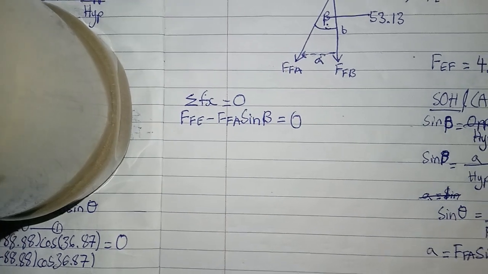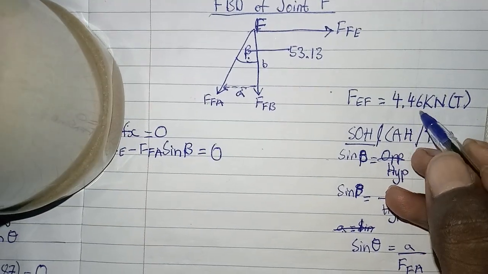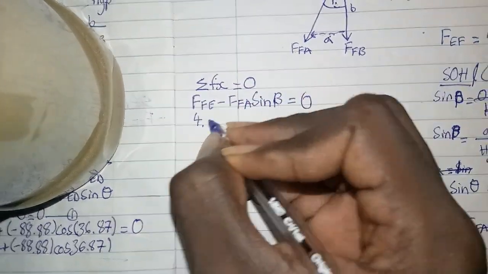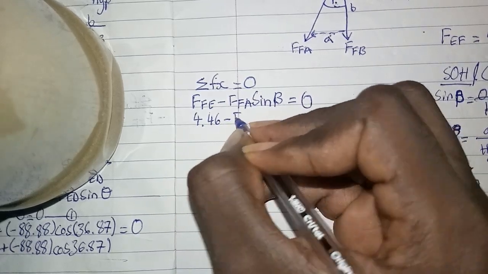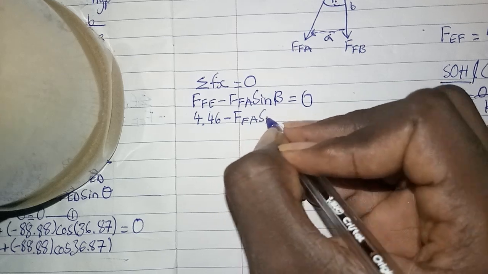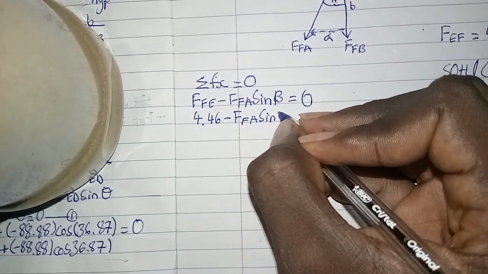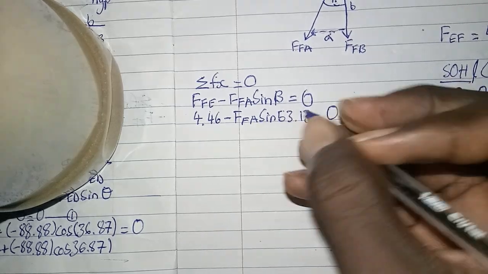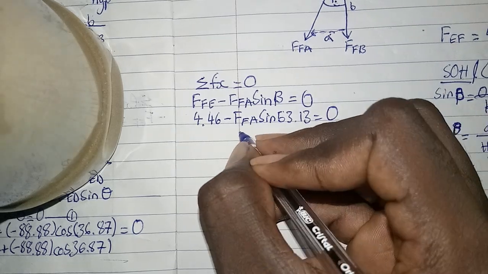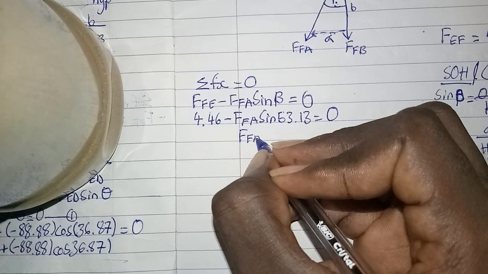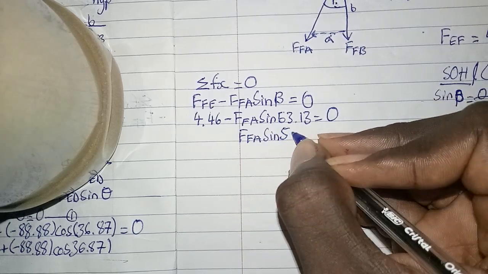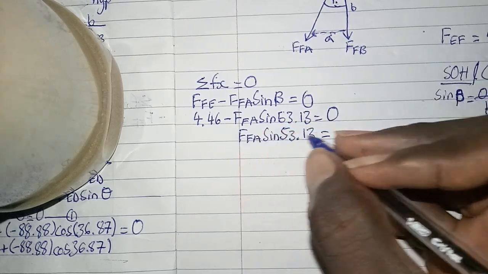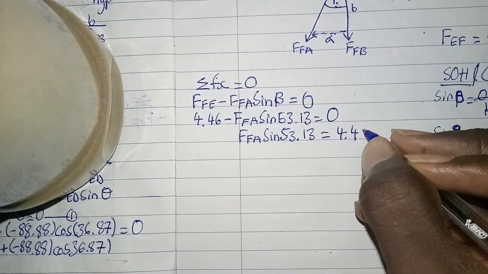Force EF was 4.46 kilonewton, so 4.46 minus force FA sine 53.13 equals 0. We bring this one, 4.46, so force FA sine 53.13 will be equal to 4.46.